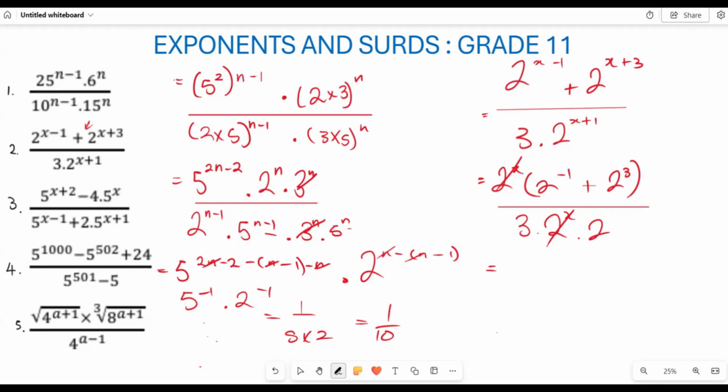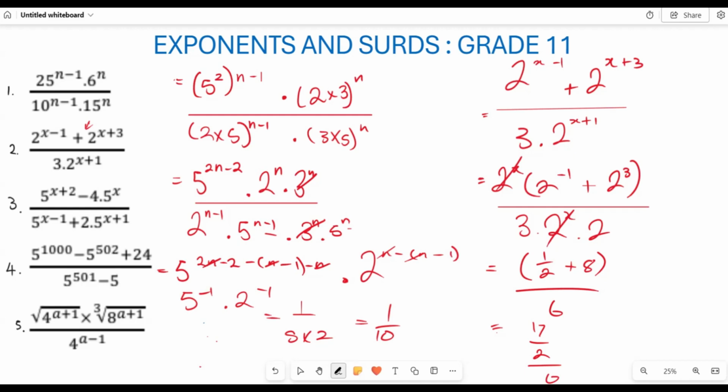Now this is same as 1 over 2 plus 8, divided by 6, right? Now from here, what is it then that you're going to have? Let's see. Now, what is 1 over 2 plus 8? I think this is going to be 17 over 2, right? 17 over 2 divided by 6.